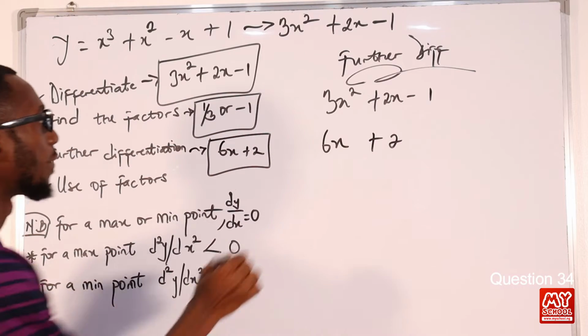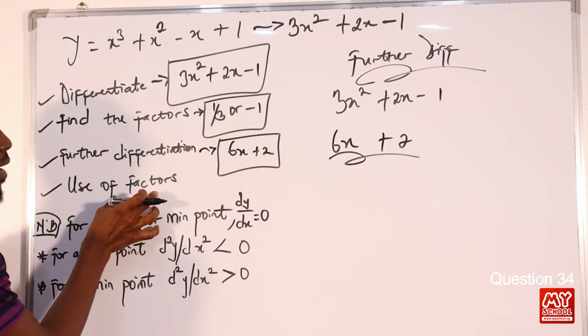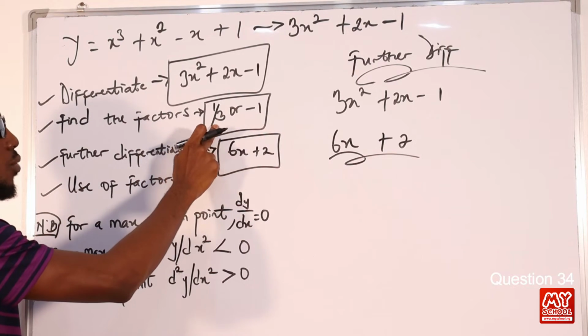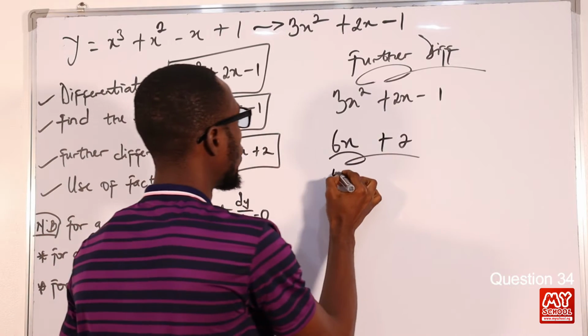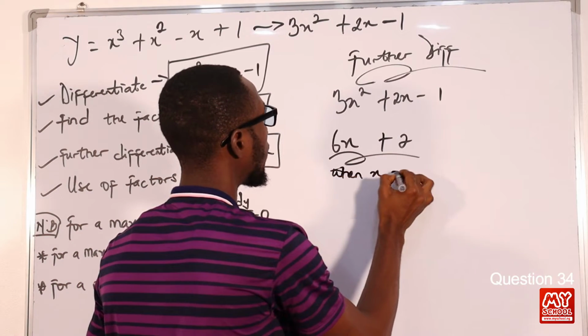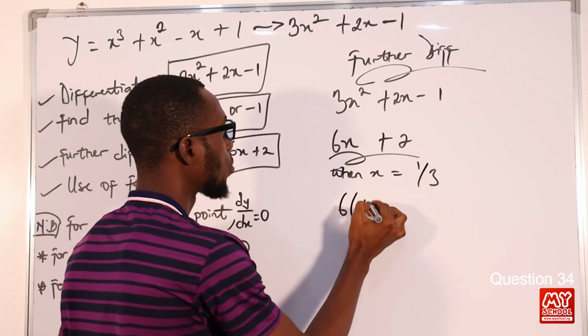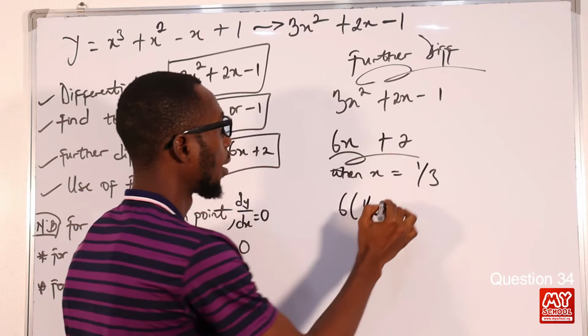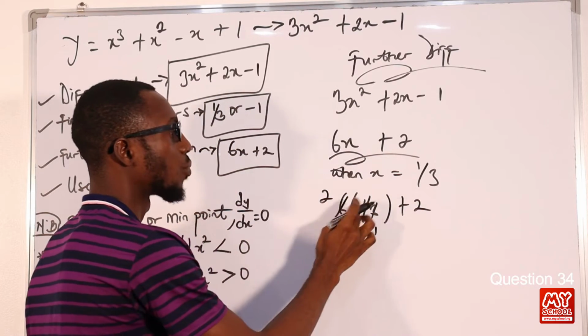Okay, so this is very perfect. This is the last step we are looking at, right here. Use of the factors. So what are the factors we have gotten? We have gotten 1 over 3 and we have gotten minus 1. So let's slot in 1 over 3. What do we have? We have 6 into brackets 1 over 3, plus 2. 3 here 1, 3 here 2. 2 times 1, 2.